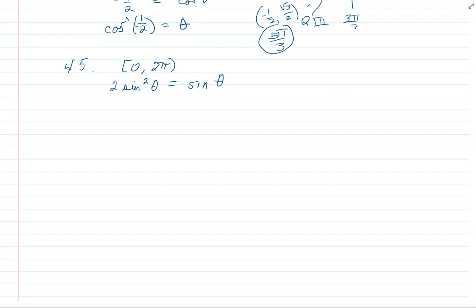In this case, it's a quadratic, so I'm going to have 2 sine squared theta minus sine theta equal to 0. Now I'm going to factor out a sine theta.